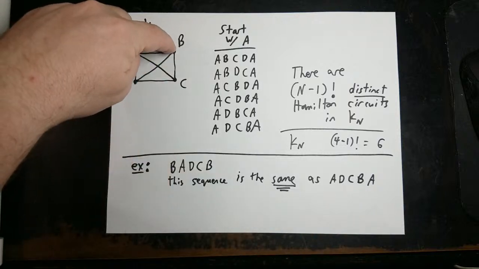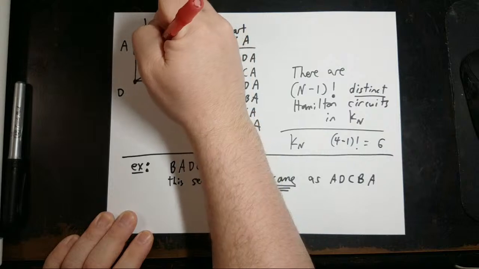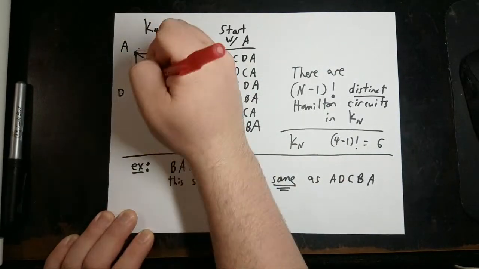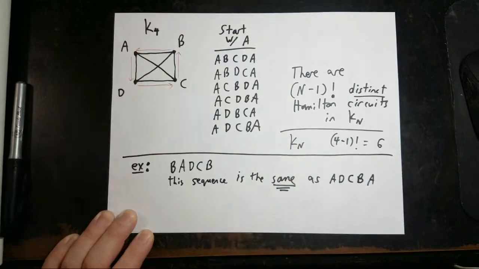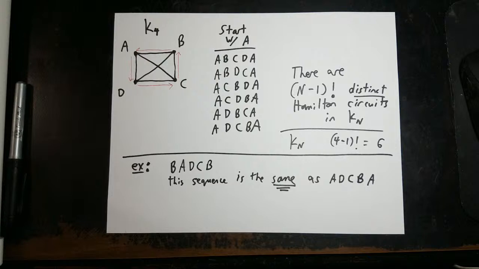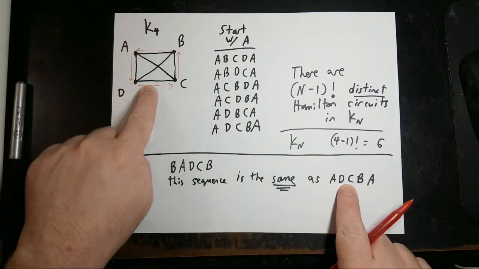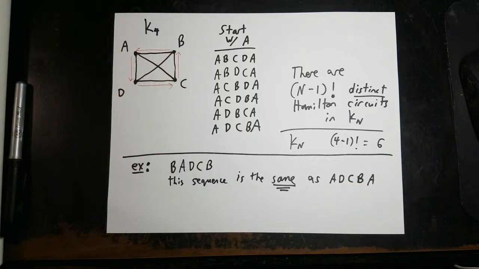If I go B, actually, I'll write it in red so you can see a little bit better, B, A, D, C, B, it is the exact same sequence as if I did A, D, C, B, A. It's the exact same thing.